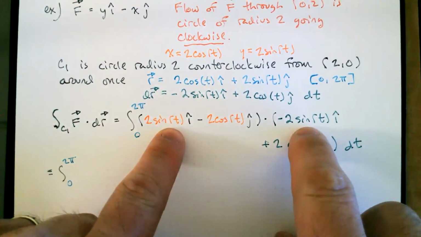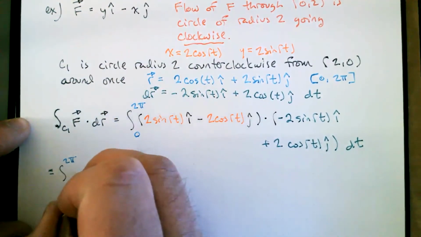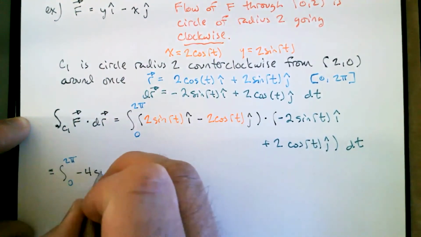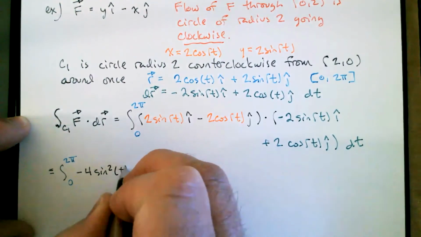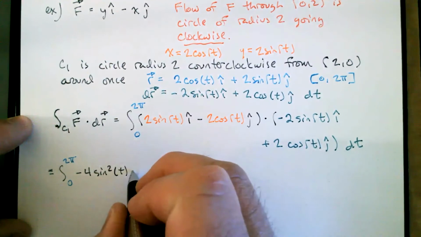I'll multiply the i components, so minus 4 sine squared, minus 4 cosine squared.